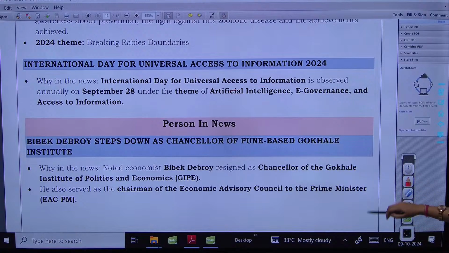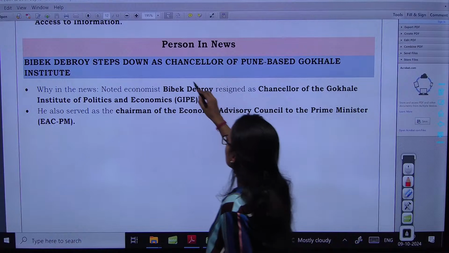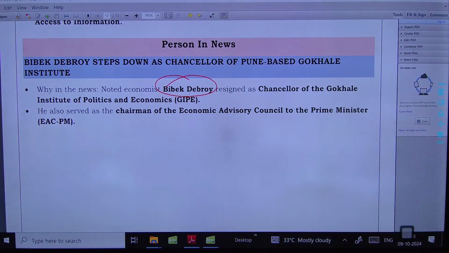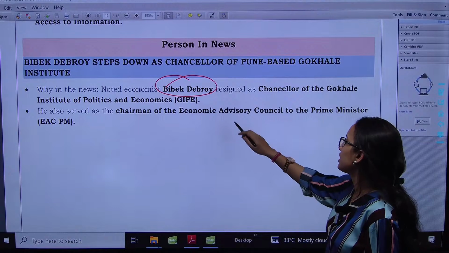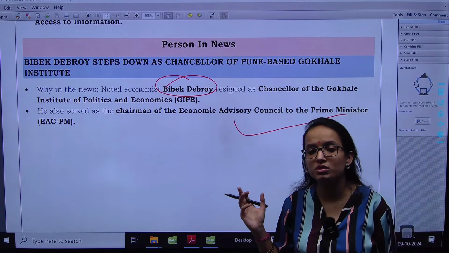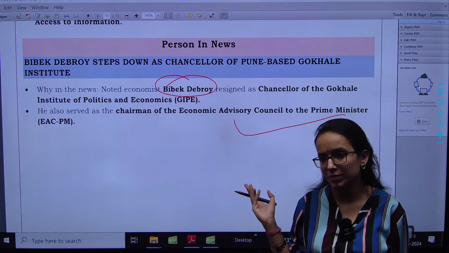Then you have persons in news, last thing. So noted economist, you must have heard this name, Bibek Debroy, has resigned as Chancellor of the Gokhale Institute of Politics and Economics. He has also served as Chairman of the Economic Advisory Council to the Prime Minister, and has also been an important contributor to the Niti Aayog, one of the members of Niti Aayog, if I'm correct, right?